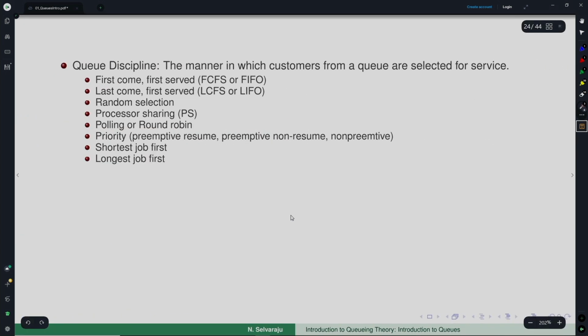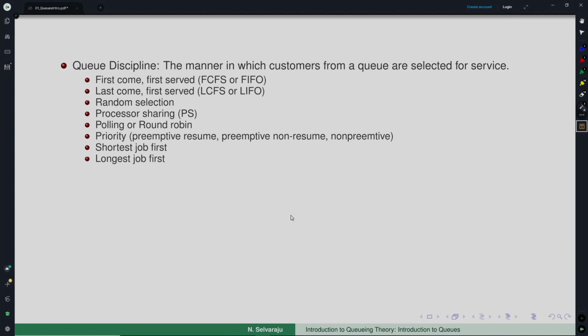Now, the fifth component is what we call the queue discipline. This describes the manner in which the customers from a queue are selected for service.